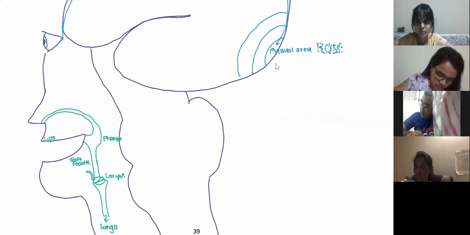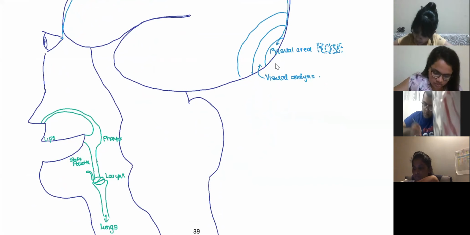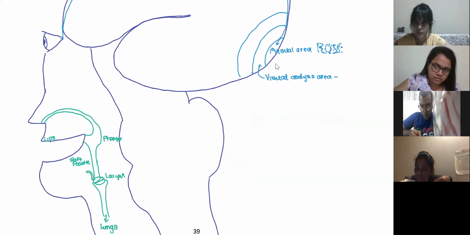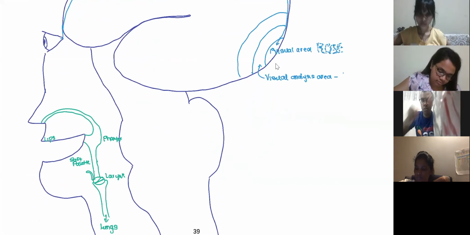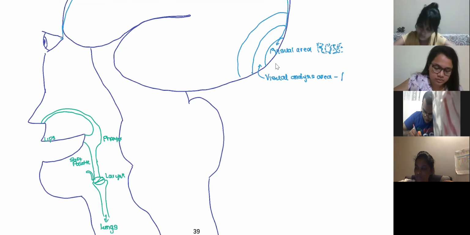Okay. And next, we have the visual analysis area. That pieces the pixels together to make the word. Wait, guys.